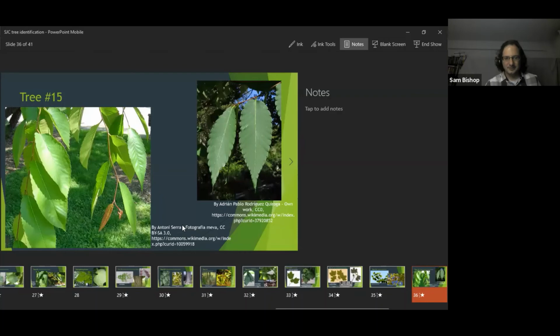All right. Let me walk you through a few of these, because these are kind of the trickier ones. Obviously, this is alternate. It's that football shape again. And on these, if you look at the margins, see how it's got those big teeth that kind of curl down, and the point stays very close to the leaf and points towards the tip?